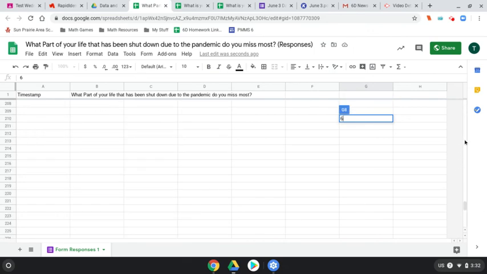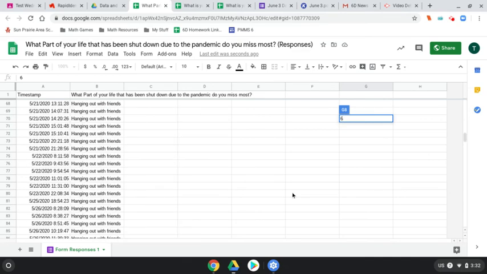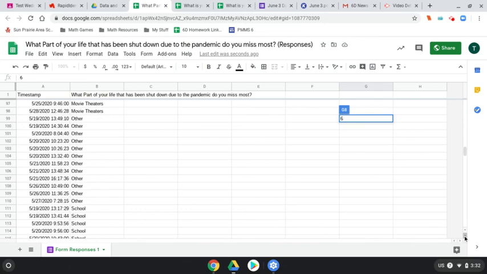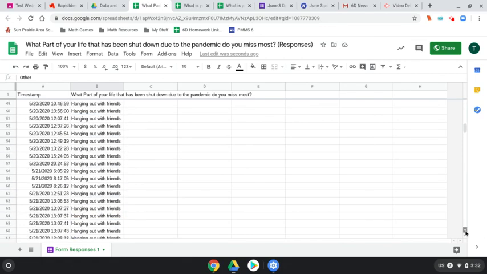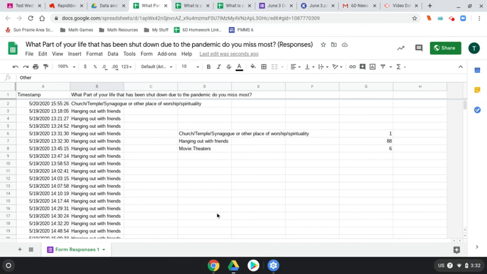We got the other. Other is 99 to 110, so that's 11. Okay. So I'm just building my table out. I'm listing out my categories and checking the number of observations. So other is 11.